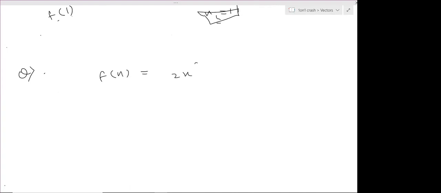f(x) equals 2x cube minus 15x square plus 36x plus 1.